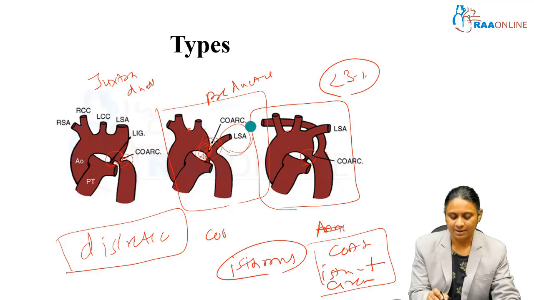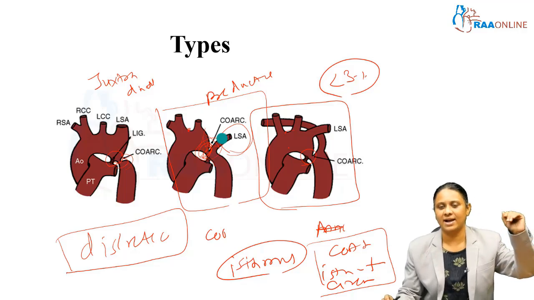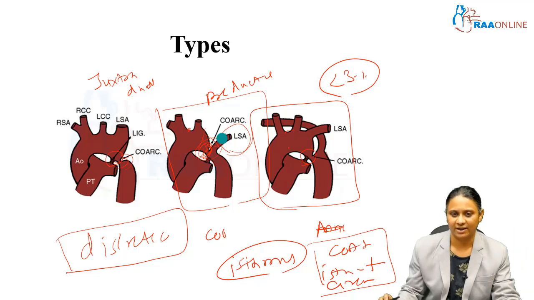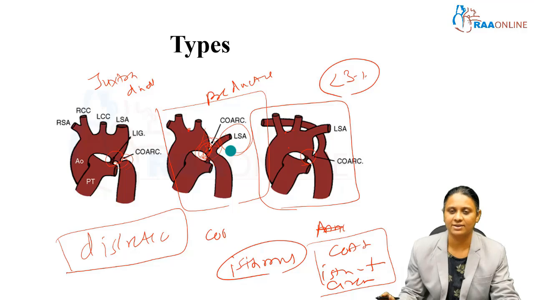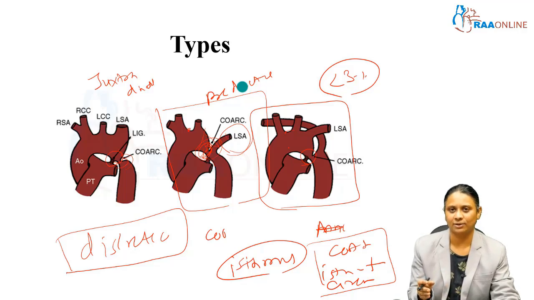That is, the left subclavian artery steals blood from the vertebral artery during exercise involving the left hand, like raising the hand above the head, which can result in vertebral steal, which can be symptomatic, that is with vertigo or giddiness. So these are the 3 sites: juxtaductal, preductal COA and the postductal COA.